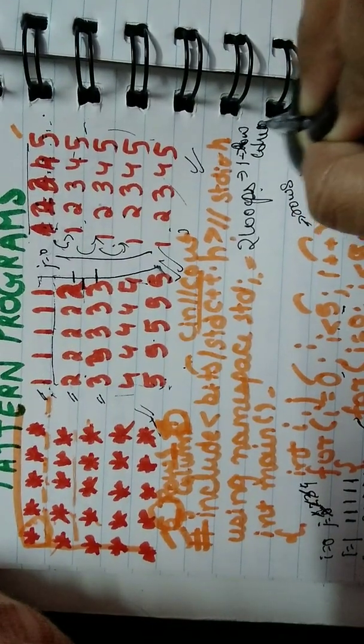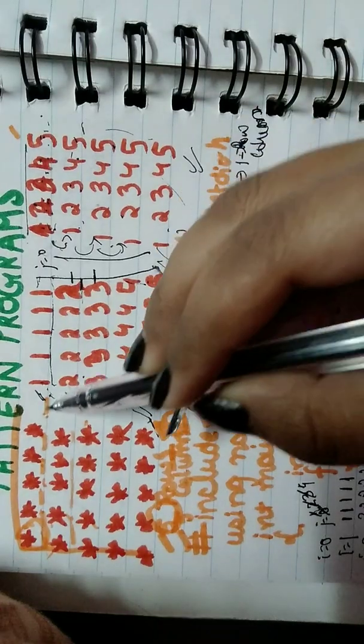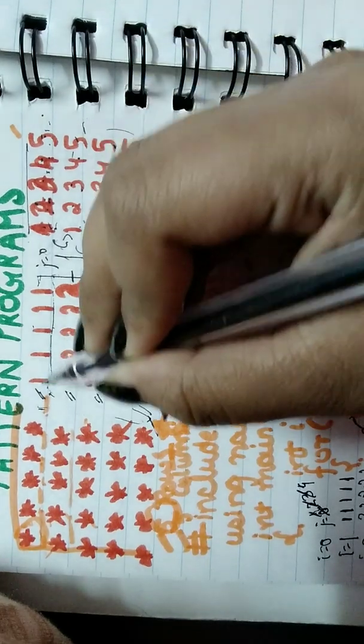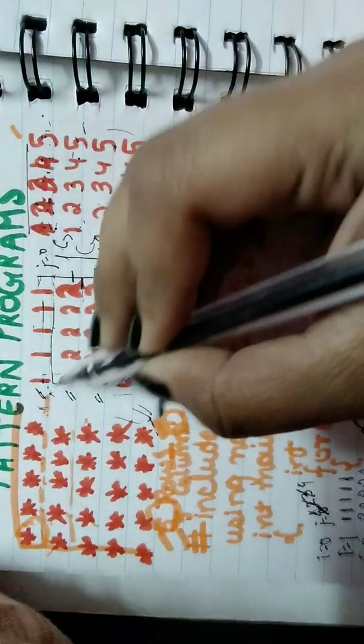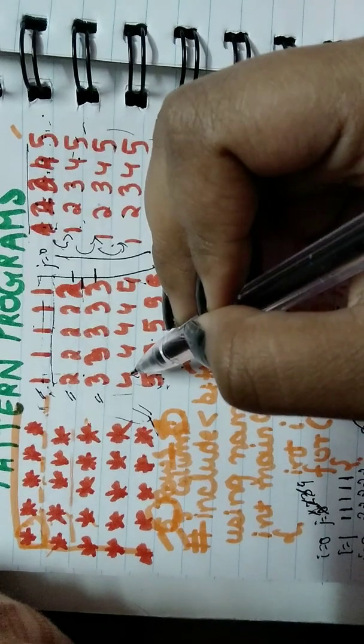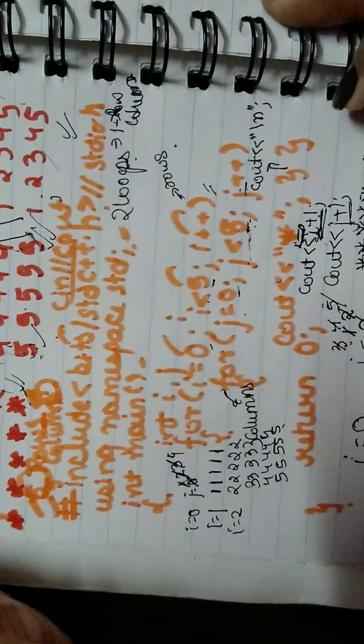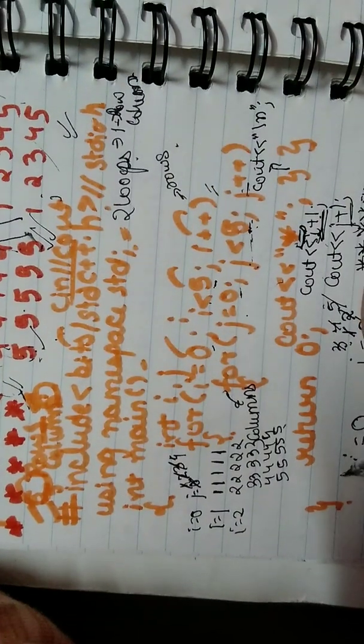This should be clear in mind, and then start analyzing the given sample output in terms of rows and columns. This will make it very easy for us to start coding. Now just try to code it once on your laptops.